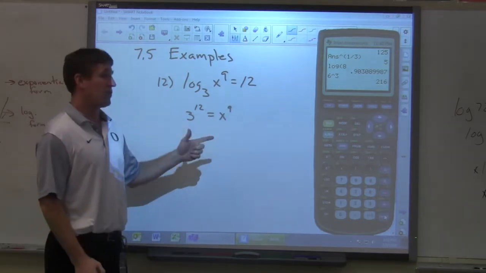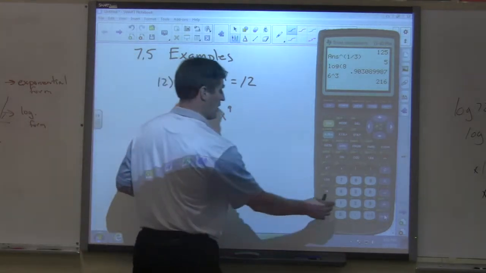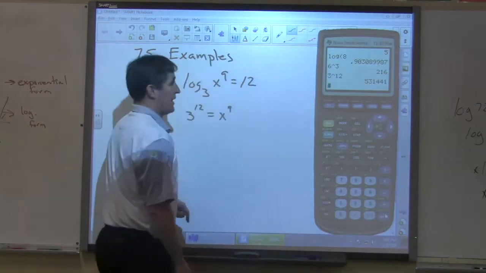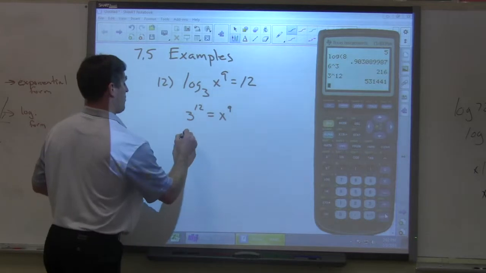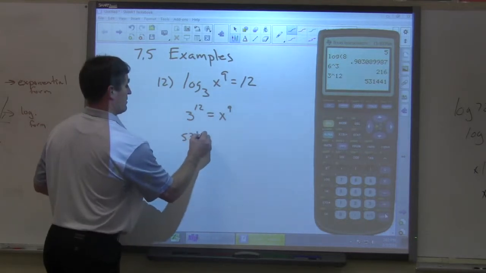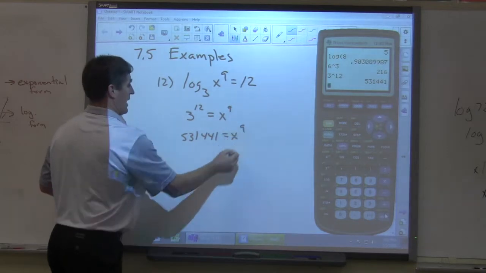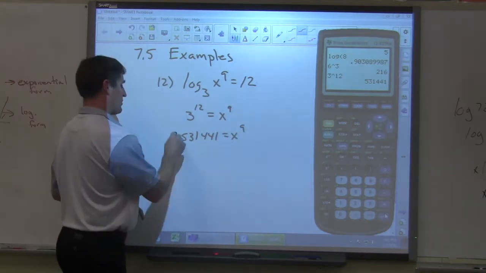Now there's a couple ways to do this. You can just type in 3 to the 12th, and that gives us 531,441. And then we just take the 9th root of both sides.